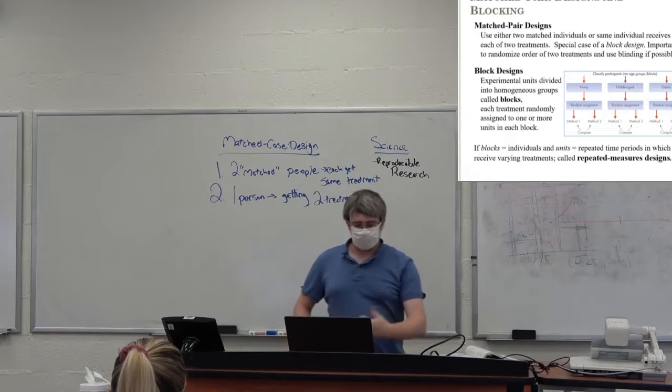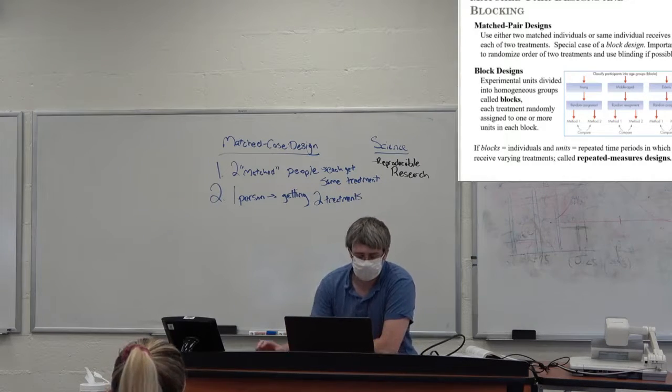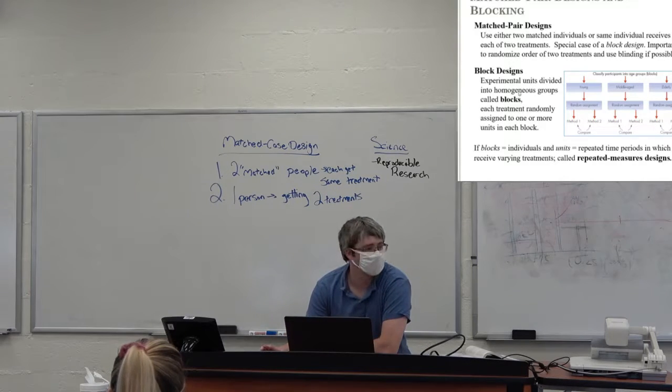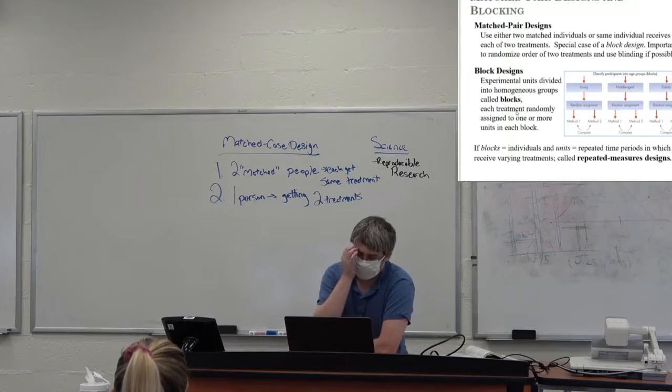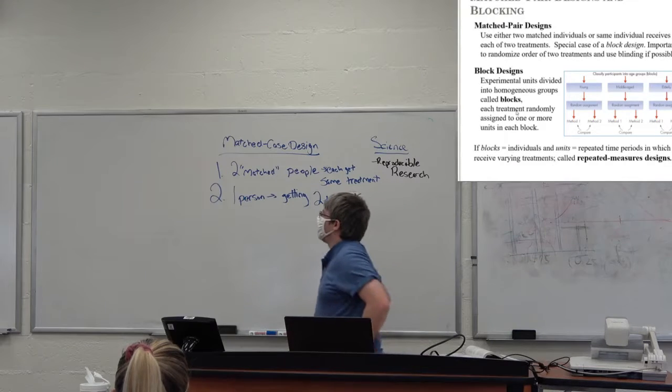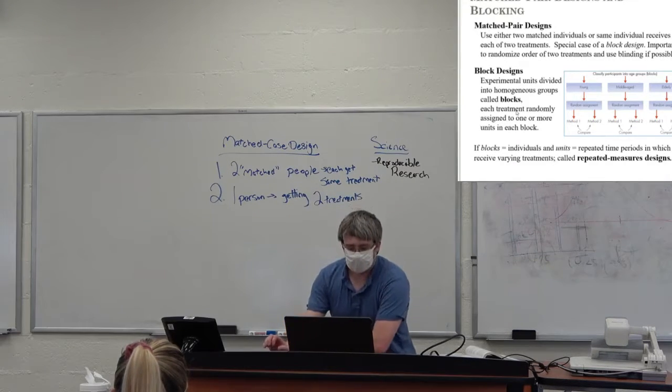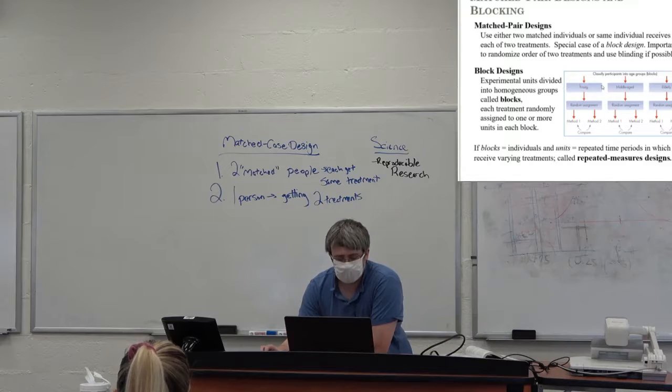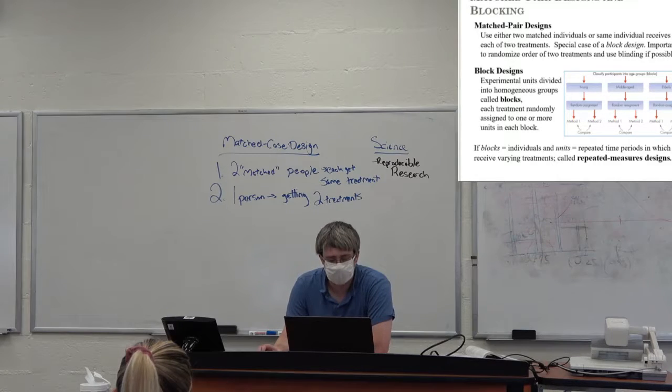Block designs in general is where experimental units are divided into homogeneous or same groups called blocks, and each treatment is randomly assigned to 1 or more units in each block. And so the picture that I have up here, we have 3 different types of age groups. We have young, middle-aged, and elderly, which are the blocks here.